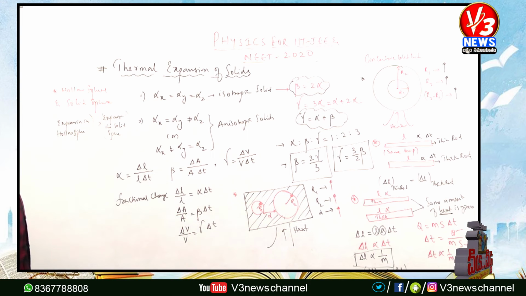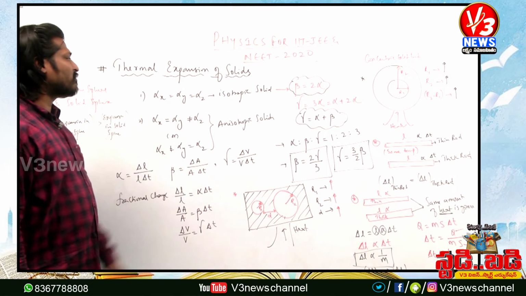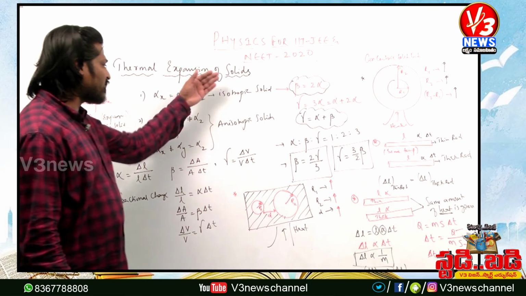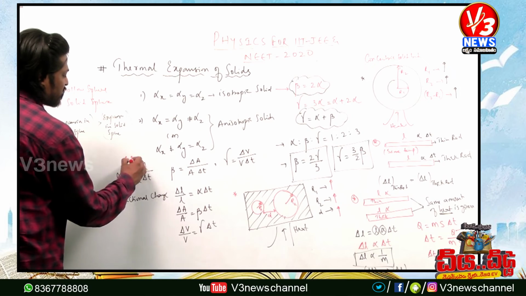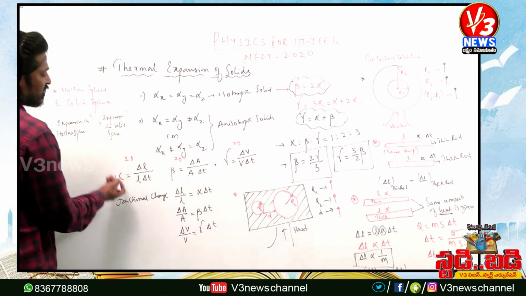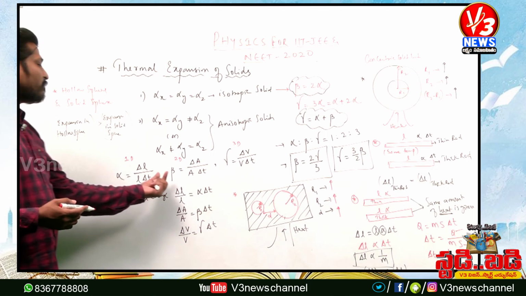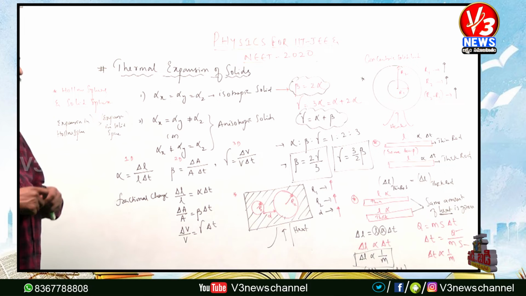So there are some terminologies which should be remembered to do the problems related to thermal expansions. Isotropic, anisotropic, and the relation between them: this is for a one dimension body, this is for a two dimension body, this is for a three dimension body. Alpha is known as the coefficient of linear expansion, beta is the coefficient of areal expansion, and gamma is the coefficient of volume expansion.